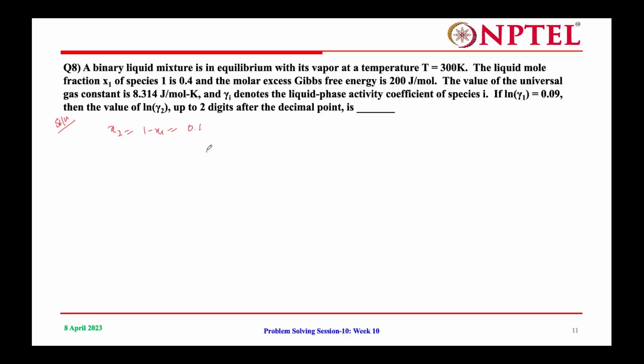So G excess by RT equal to x1 ln gamma 1 plus x2 ln gamma 2. ln gamma 1 is given, so we have to calculate ln gamma 2. The excess Gibbs free energy is given, R is the gas constant, and T is the temperature, also given here.